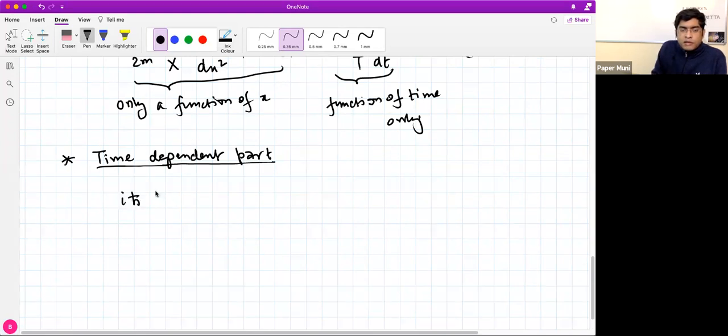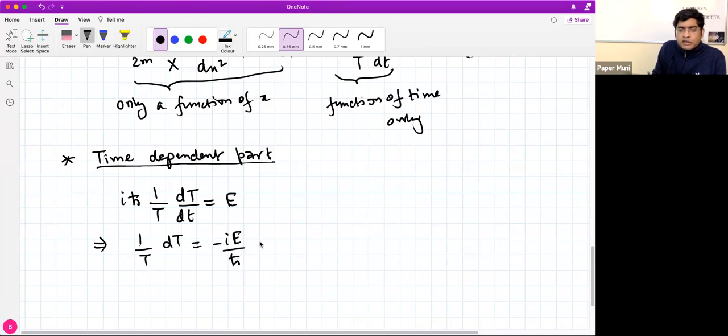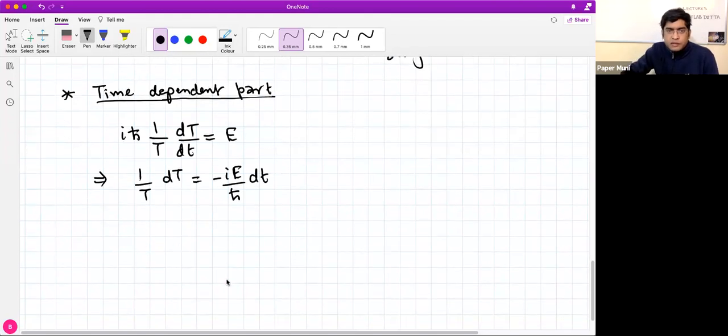So this is i h cut by 1 by T, derivative with respect to time, and this is equal to E. All right, now this is a differential equation, so let's solve it. So this is minus i E by h cut, with respect to dt.